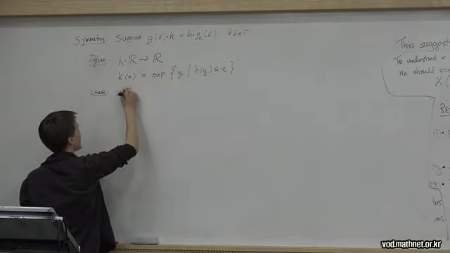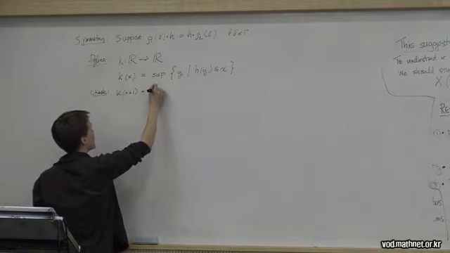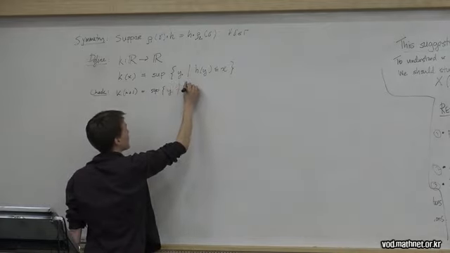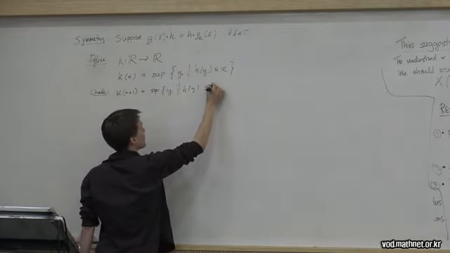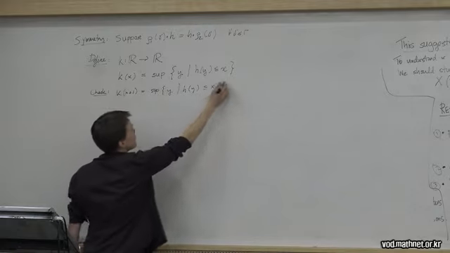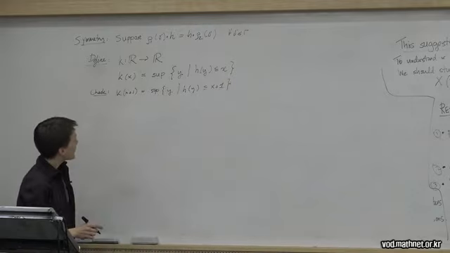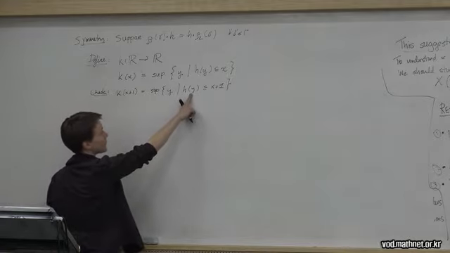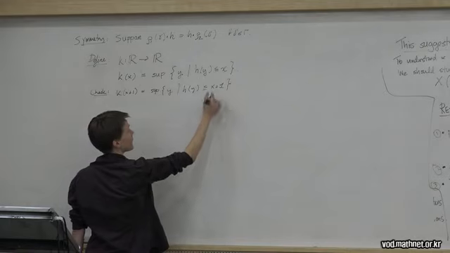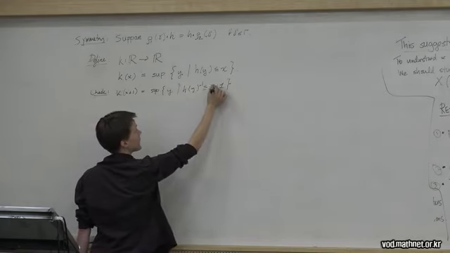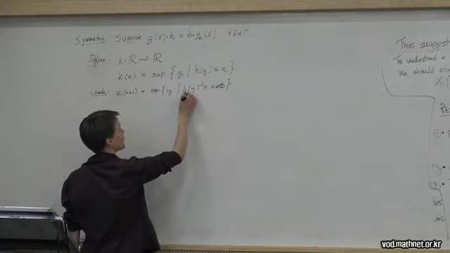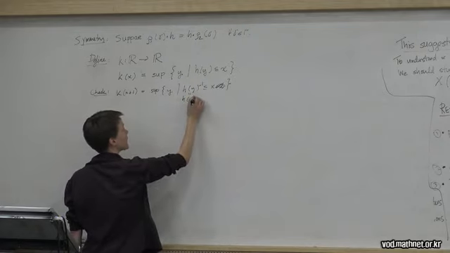K of x plus 1 is the sup of y such that H of y is less than or equal to x plus 1. Okay, but H commutes with integer translations, right? So I can rewrite this as H of y minus 1 less than or equal to x. But that's equal to K of x plus 1... H of y minus 1.